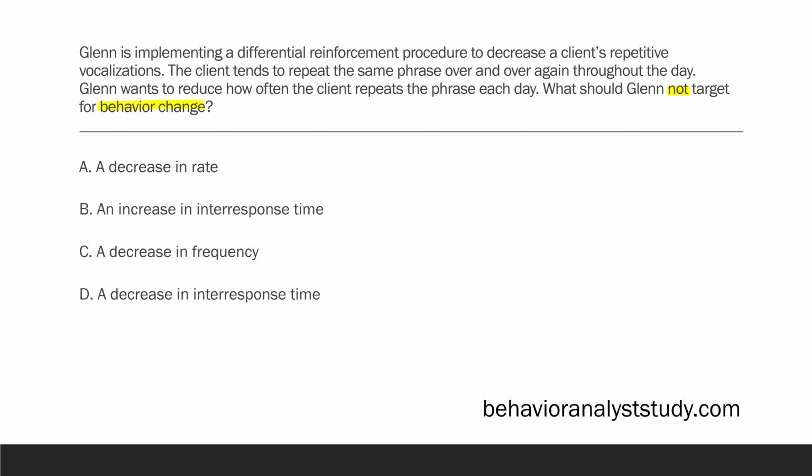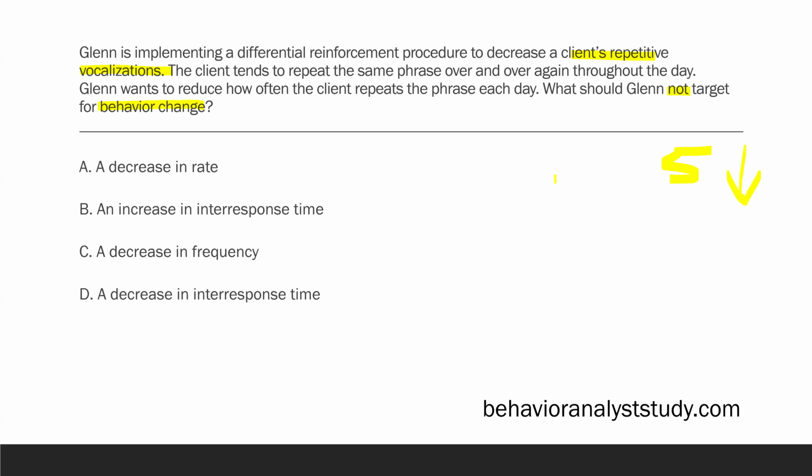Now, when we're looking at behavior change and what to target, we're going to be thinking about measurement, because measurement should reflect our goals. What is Glenn trying to achieve? Well, he has this differential reinforcement procedure and he wants to decrease this client's repetitive vocalizations. So let's just say we have 5 vocalizations. We want that to go down.